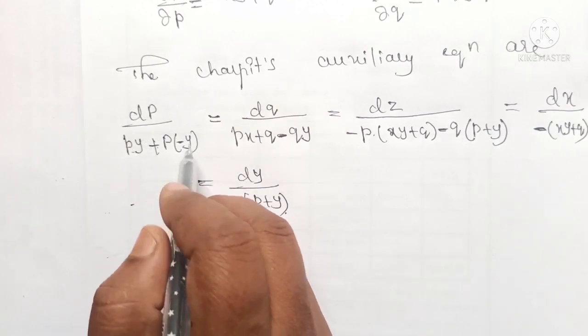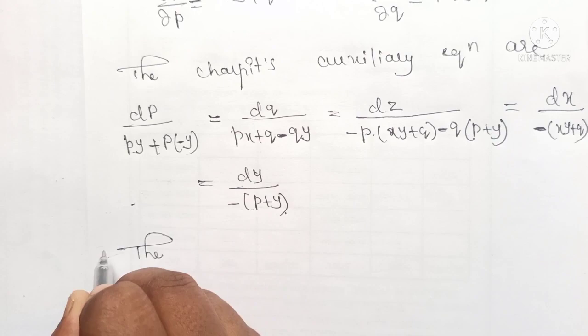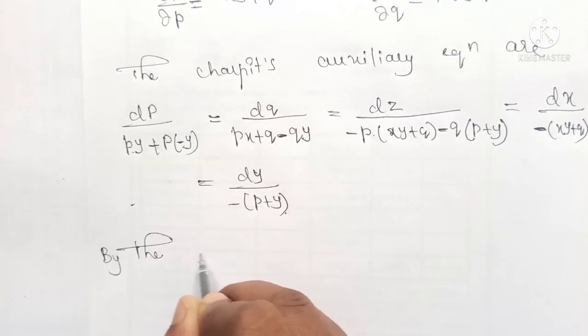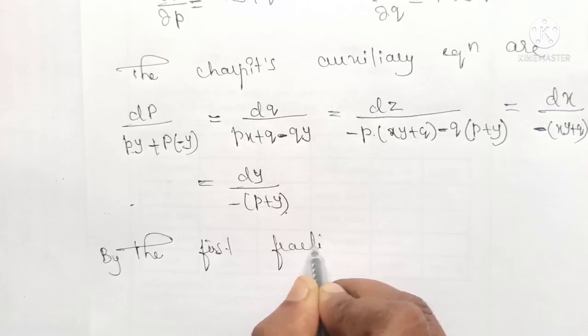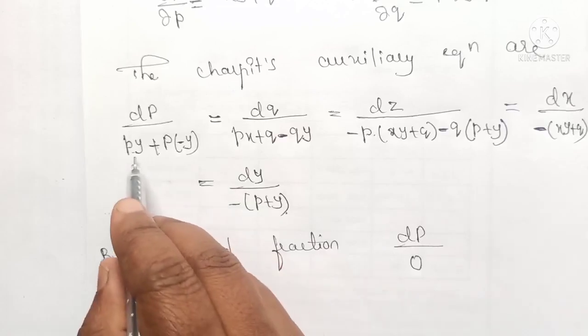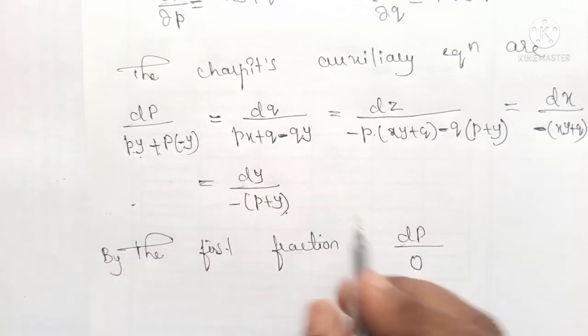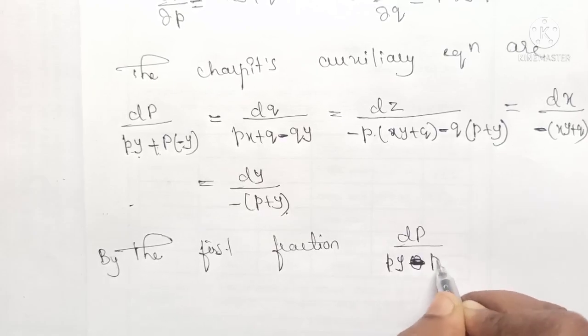From the first fraction, we get dp divided by 0, because plus py and minus py get cancelled.